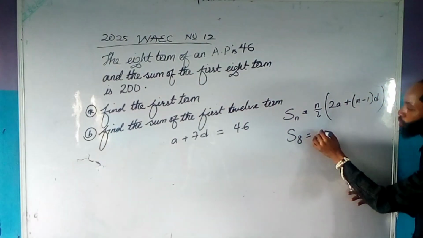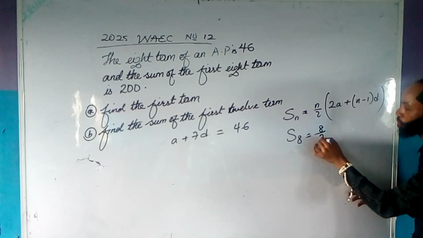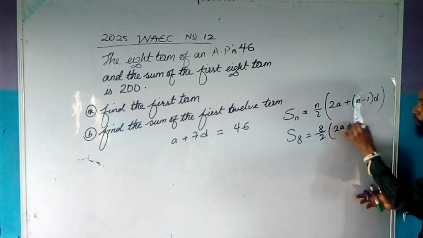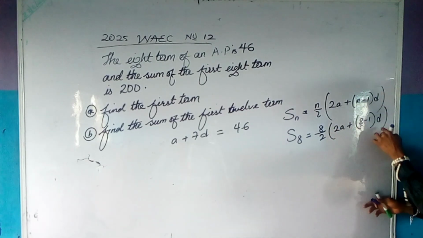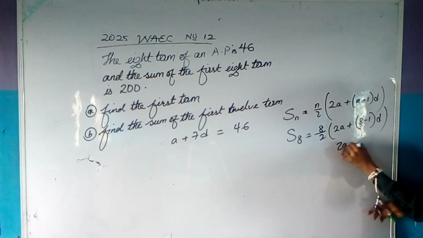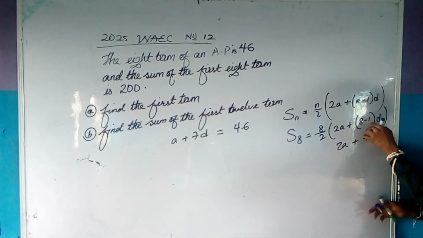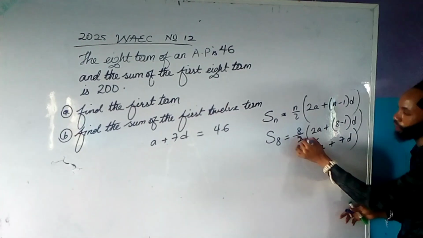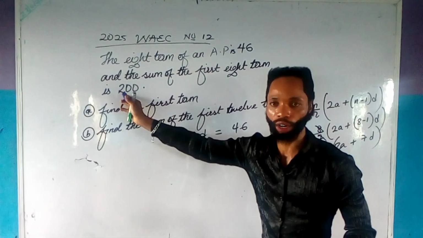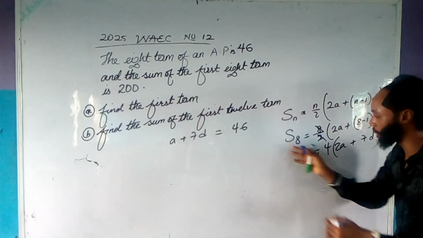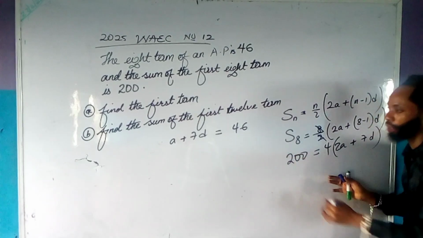S8 equals 8 over 2 into bracket 2a plus 8 minus 1 d. 8 minus 1 is 7, so it's 2a plus 7d. Then this cancels, we have 4, and the sum is 200.